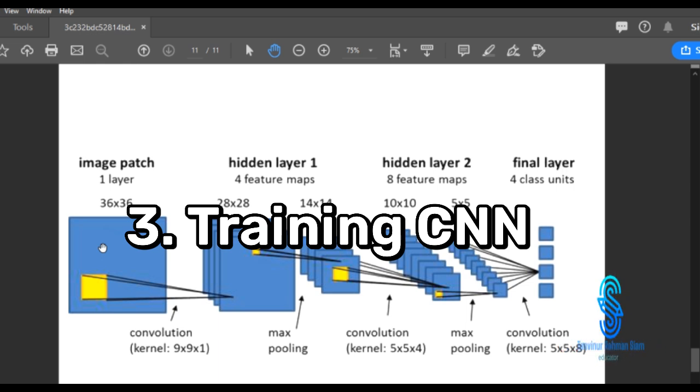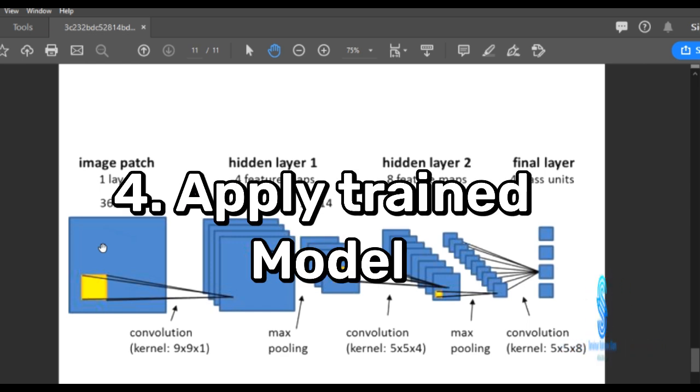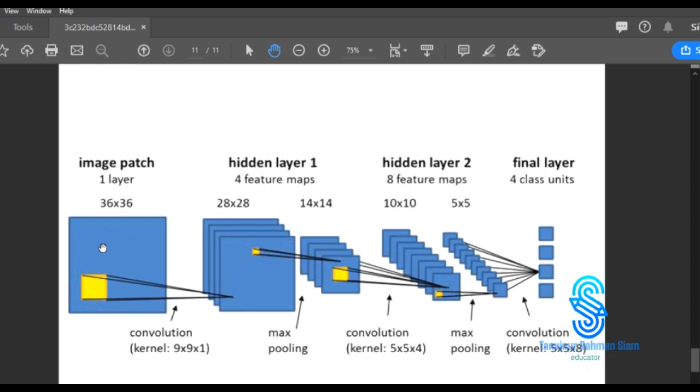For example, you will be using a loss function, MSE, that is mean squared error, to measure how well the enhanced images match your target high quality images. After that you will apply your trained model to enhance your particular image which is in a dark phase, right?